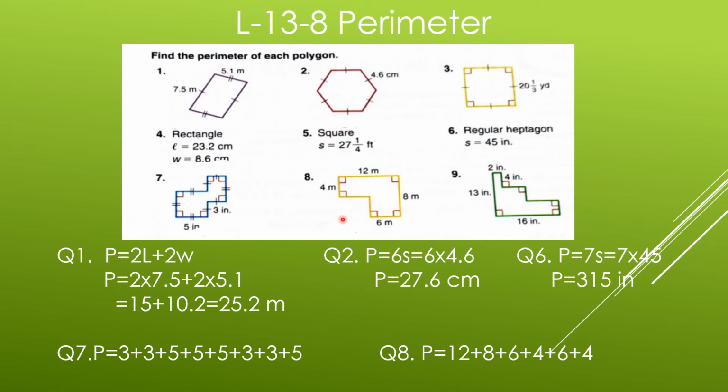What is the remaining one? 4. That's why this one is 4 and this one is 6. Then you write 12, 8, 6, 4, 6 and 4. Then what is the answer? You can add all together. It is 32 inches. And in this one, all together, what is the answer? 40 meters.